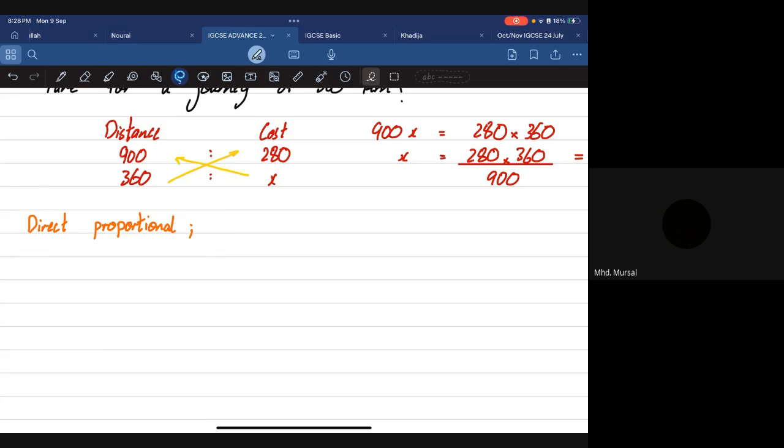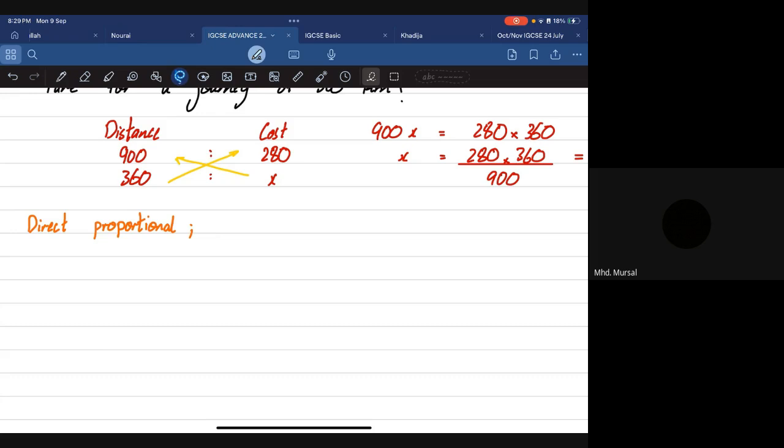Everyone's given the example with reference to cost, but no one's given the example that is very close to your heart. If I give you an example from a student's point of view, the longer this class takes place, the less happier you are. Oh, sorry, that's going to be in inverse proportion.